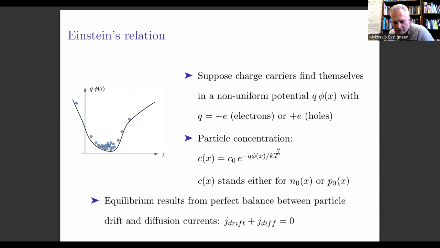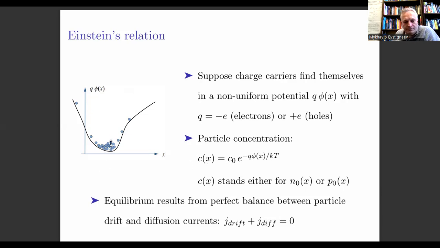This is simply the Boltzmann factor, which gives you the probability to find a particle at the position x where the potential has the value phi of x. And of course C is the concentration, which can be either electron or hole concentration. We have been using different letters for electrons and holes, so I have unified the notation to include both.